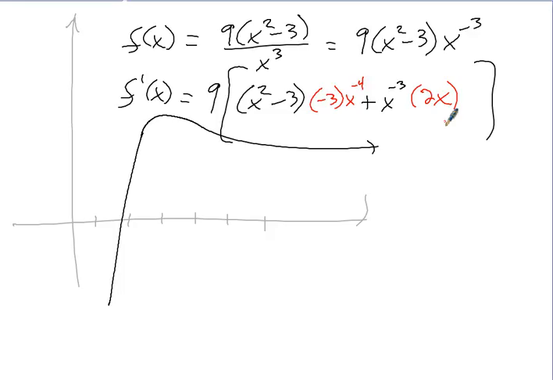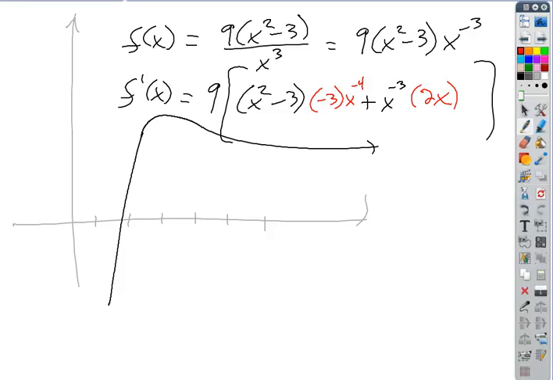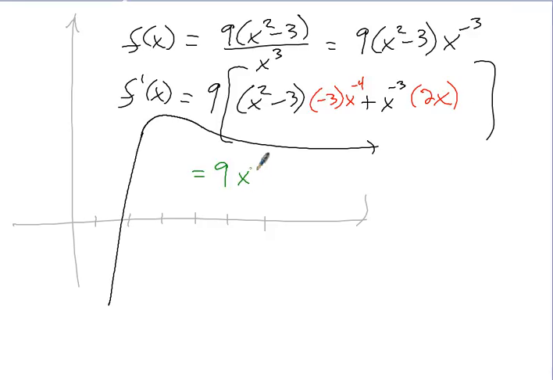It's negative 4. So if we pull out a 9 and an x to the minus 4, what are we left with? Here we're left with negative 3 times x squared minus 3, and that whole thing got pulled out, right? And then over here we've got plus 2x.